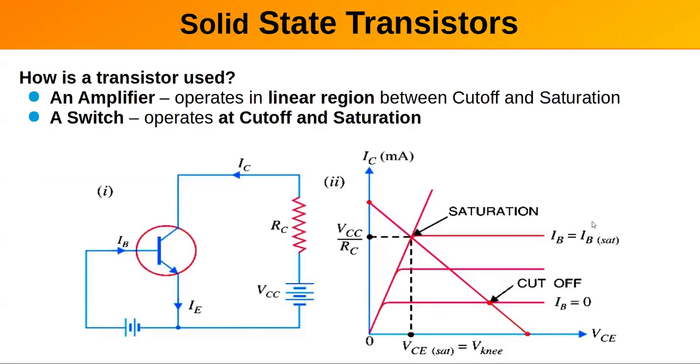A typical circuit where we're applying a base current, we're getting current flow through that load resistor. So we draw a load line, which goes from maximum current all the way down to minimum current, maximum voltage.